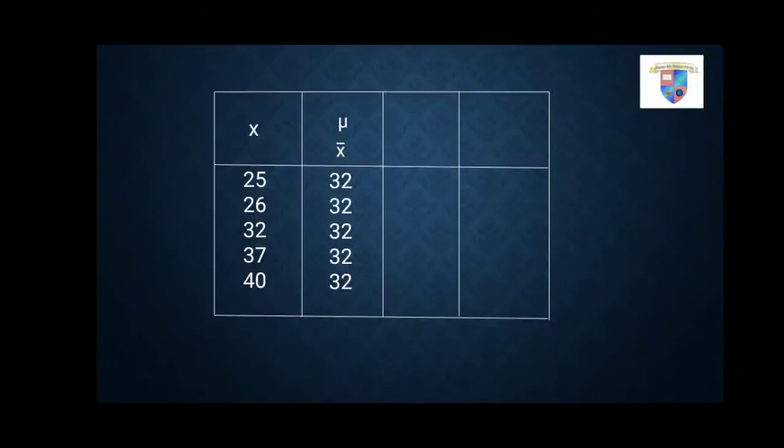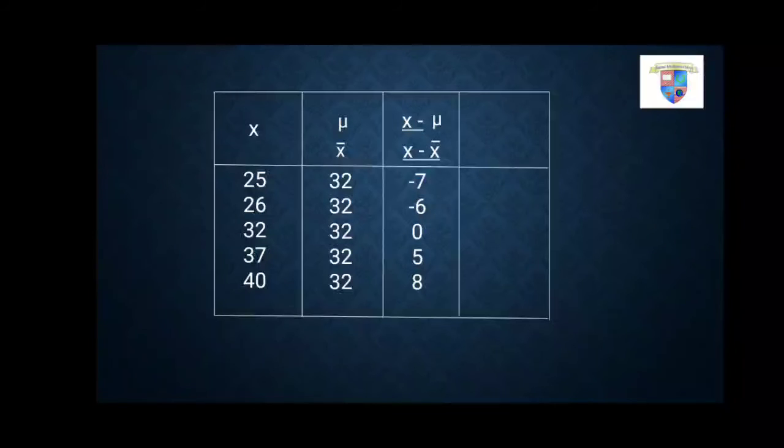In the third column, we will subtract the sample mean or population mean from the value. The first row is 25 minus 32 equals negative 7. 26 minus 32 equals negative 6. The third row is 32 minus 32 equals 0. The fourth row is 37 minus 32 equals 5. And the last row is 40 minus 32 equals 8.